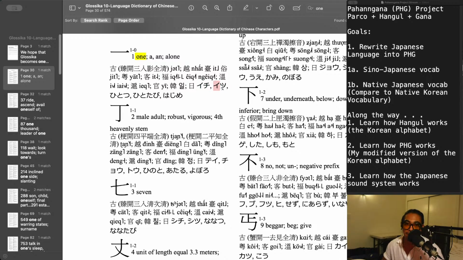And in the reconstruction that he comes up with in this dictionary, it's yat. We're not going to take a look at all these others. They're useful, and we may take a look at them if necessary, but the most important things are the Korean, the Japanese, and the reconstruction.